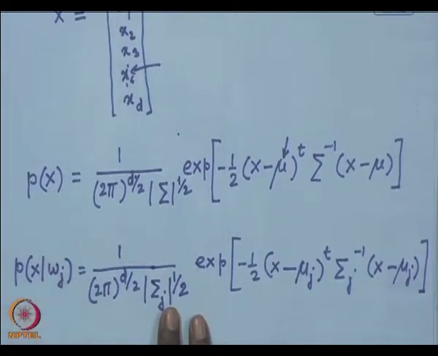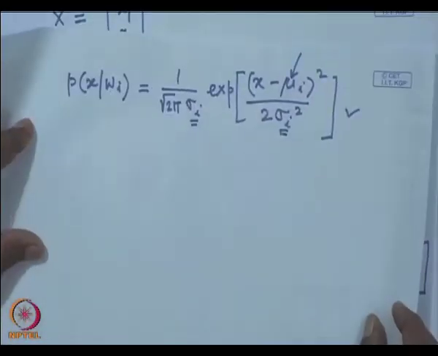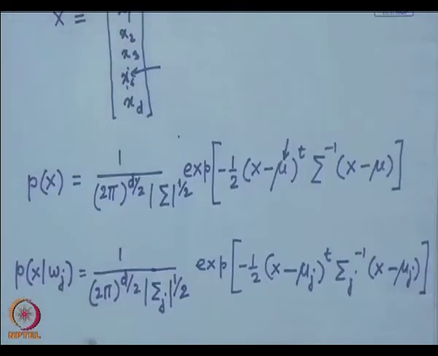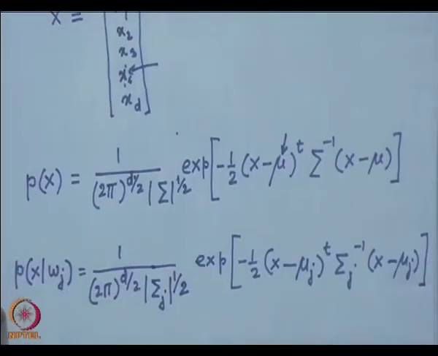Now, whether I have this expression for a single variable or for a vector variable, as we said, the shape of the probability density curve is entirely decided by a number of parameters.